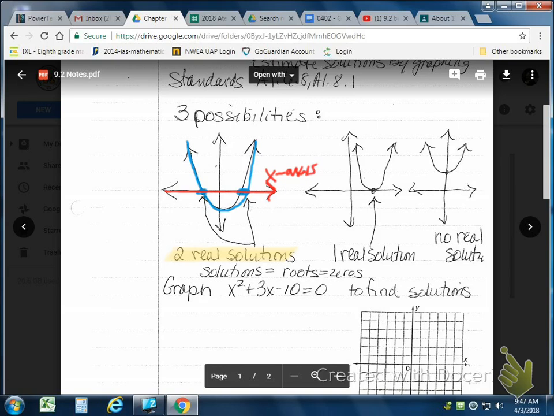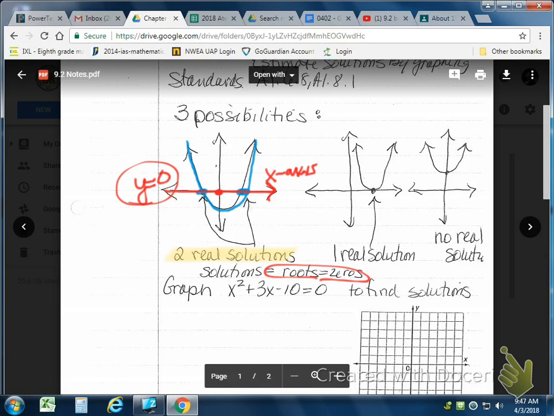What's the value of y at the x-axis? 0. It's basically finding what's called the zeros. Where y is 0, just like in our equation, that's where the solutions are.